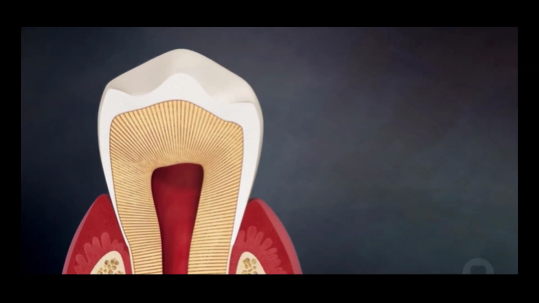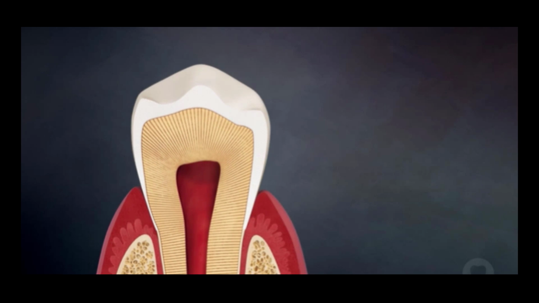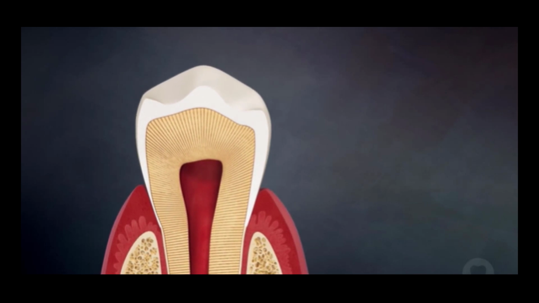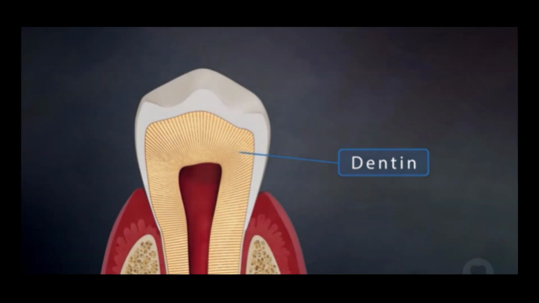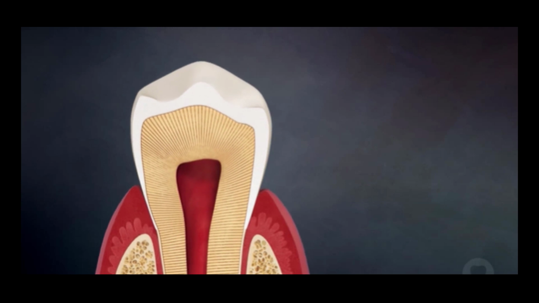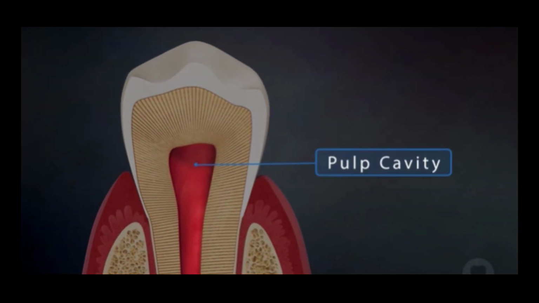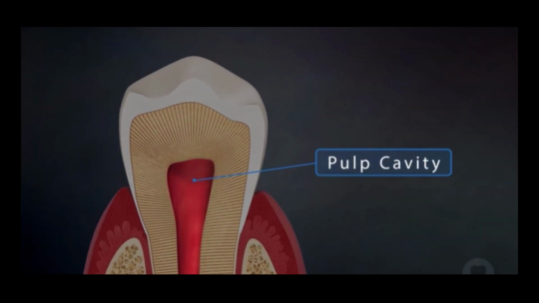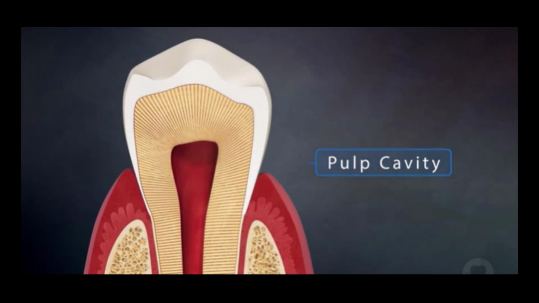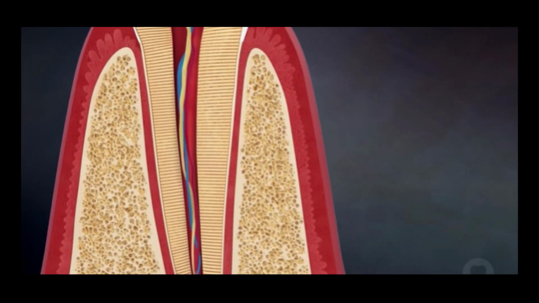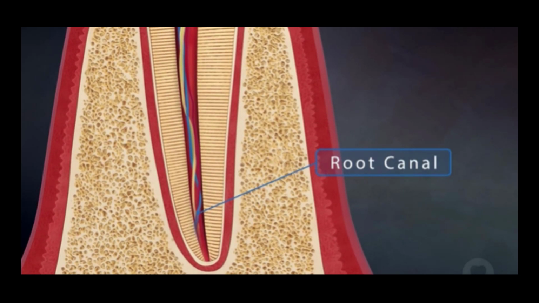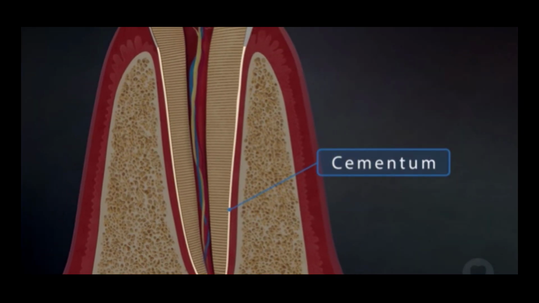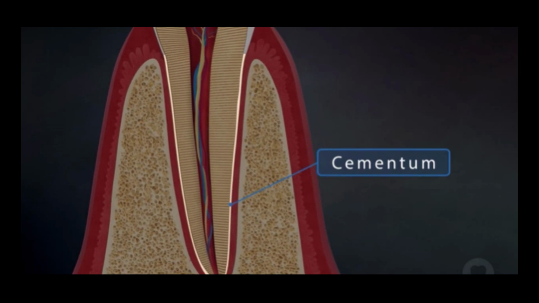Beneath the enamel, and sometimes exposed to the surface if the enamel is missing, is an intermediate layer of material called dentin, which is also similar to bone but is not nearly as hard as enamel. It surrounds an inner pulp cavity filled with pulp, a living, vascular, and well-innervated tissue. Blood vessels and nerves reach the pulp cavity through a channel, the root canal, that penetrates the root. An additional layer of bony material, cementum, usually surrounds the root.